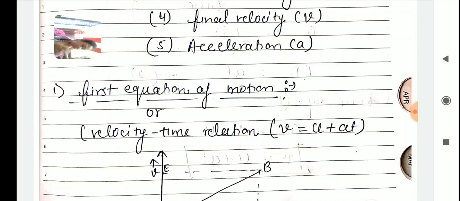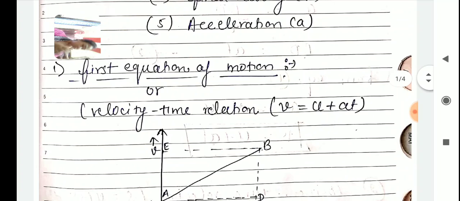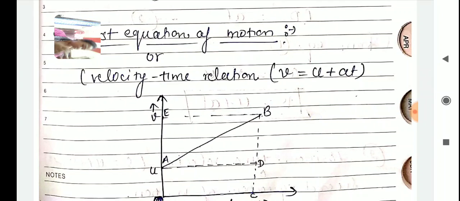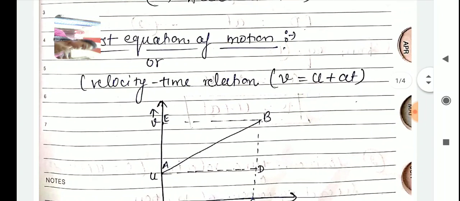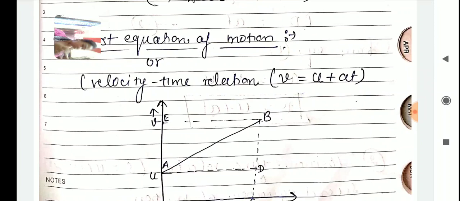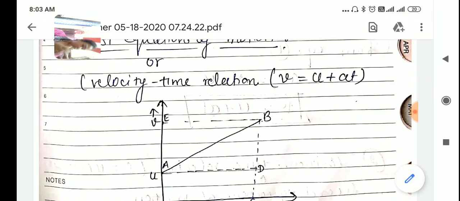So, the first equation of motion is also called the velocity-time relation, because it gives us the relationship between velocity and time, and it is given by the equation v equals u plus at. That means we are going to derive this relation v equals u plus at.